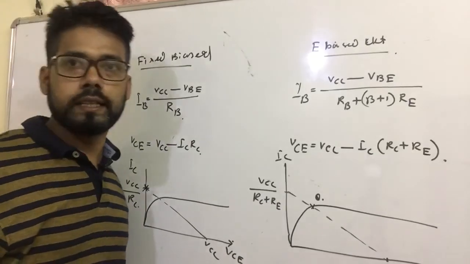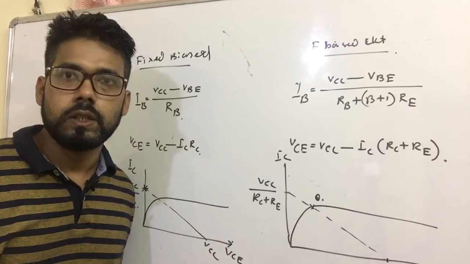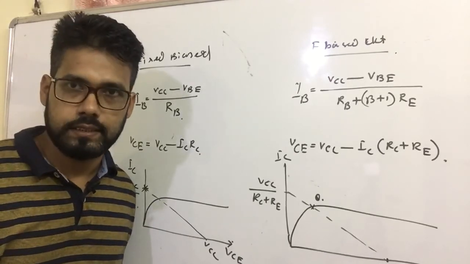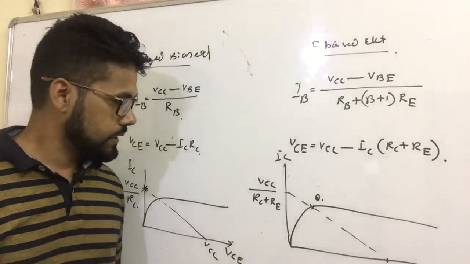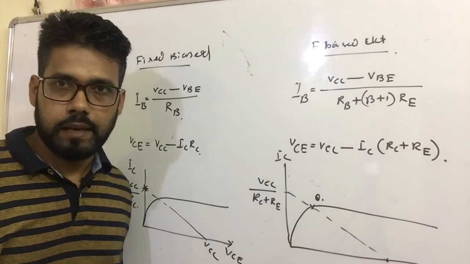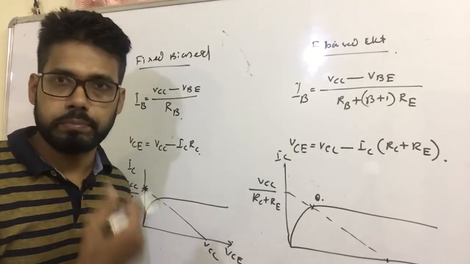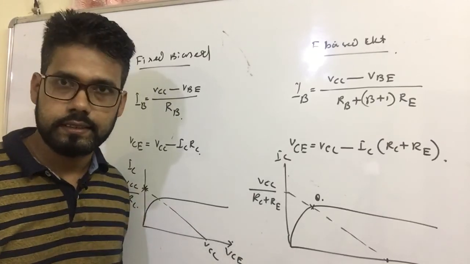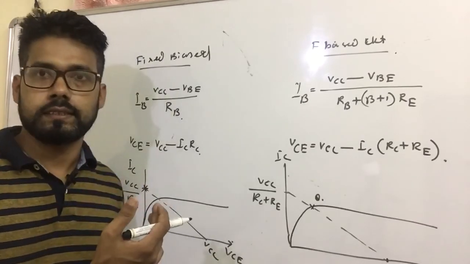So what do we mean by that? Introduction of an external resistance to the emitter terminal will control the output current as well as the base current. And what do we actually need? See, suppose a particular value of beta. Beta means for a given transistor, beta is constant. Suppose beta is 50. Okay, if we increase beta to 100, in fixed bias condition the parameters increase abruptly.